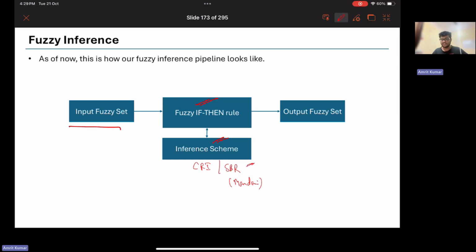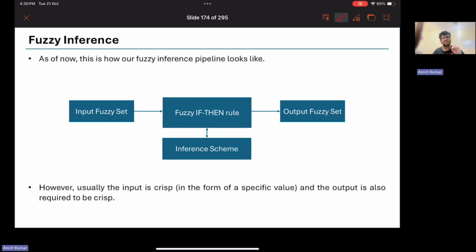You use this inference scheme and this fuzzy if-then rule, and you compute your output fuzzy set. So your input is in the form of a fuzzy set, and your output is again a fuzzy set. However, usually the input is not in the form of a fuzzy set, but a crisp value. And the output is also required to be a crisp value and not a fuzzy set, right?